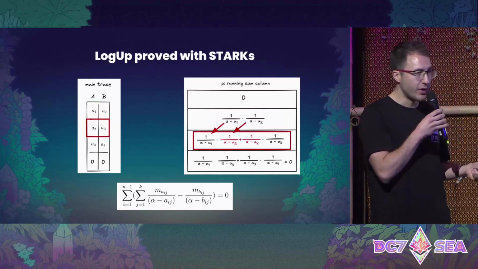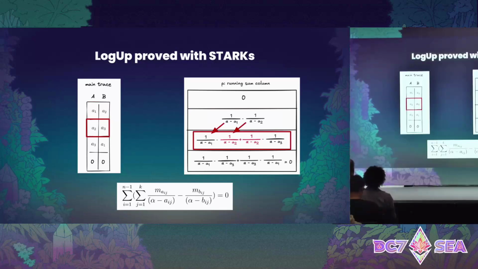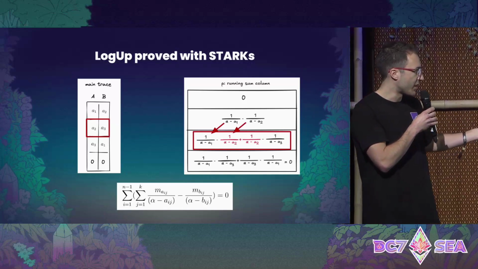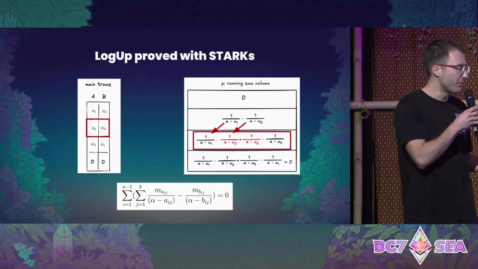Then for the next row, we initialize it with the contents of the previous row, which means we're basically running an accumulator. Then we add the new elements: 1 over alpha minus A2 is added from the multiset A, and we remove 1 over alpha minus A3 from B.